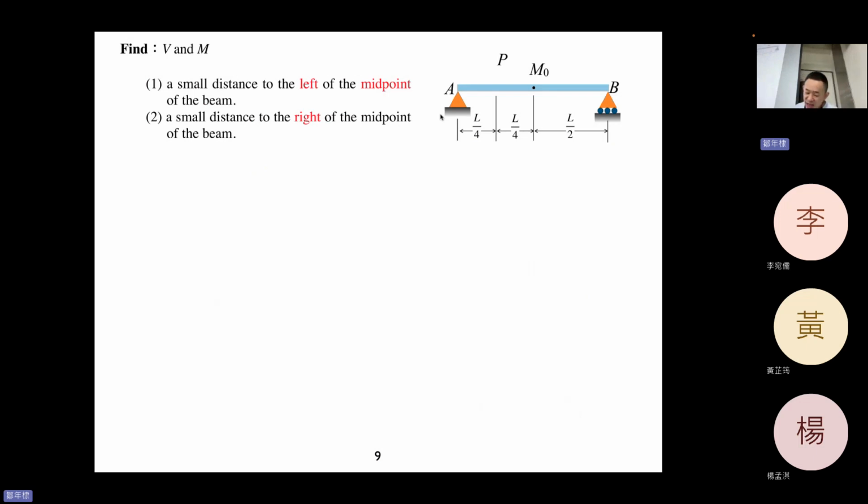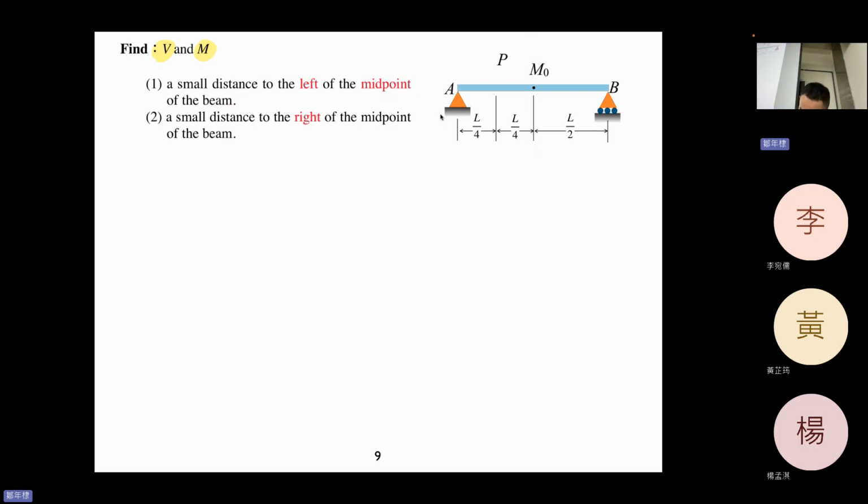Find V and M, shear and moment, at a place that is a small distance to the left of the midpoint of the beam. Okay, let's take a look.